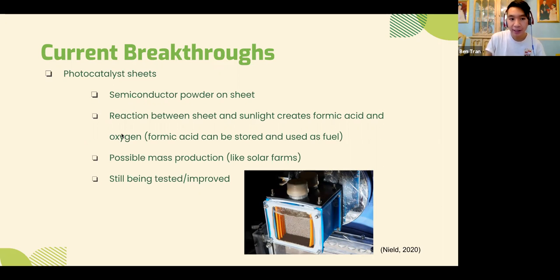And this formic acid can be used either as formic acid or converted into hydrogen, which is another potential source of clean energy. These sheets can possibly be mass produced, and this process is also self-sufficient. But since this is a relatively new technology, it's still being tested and further improved upon.